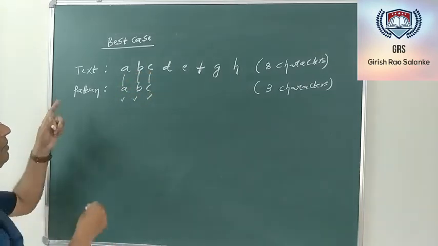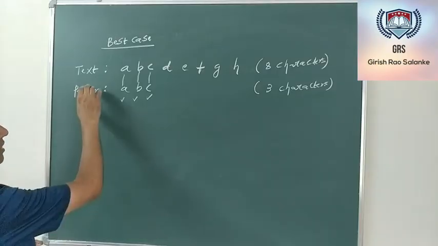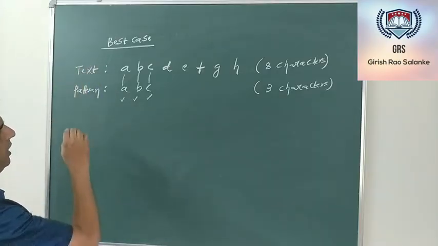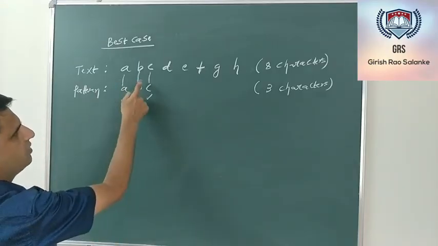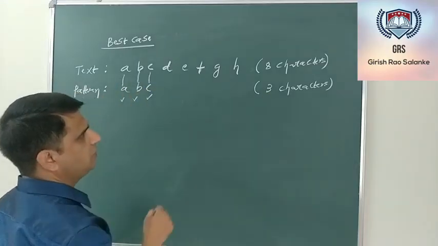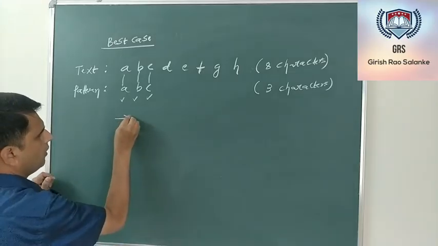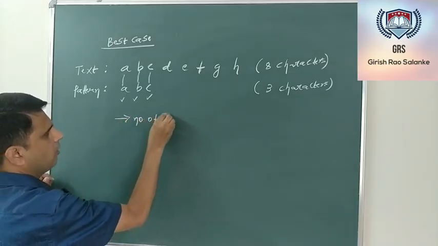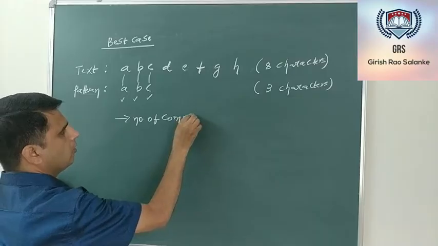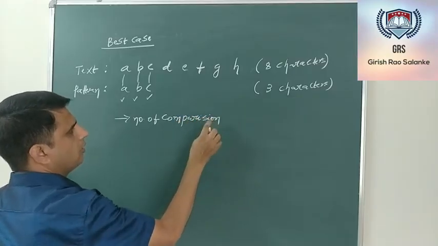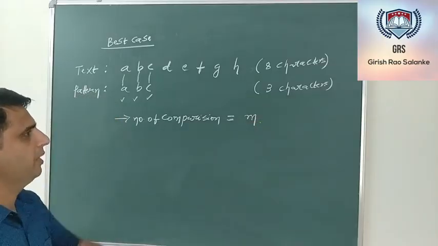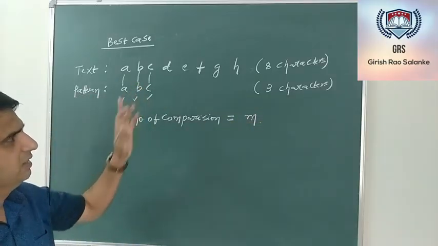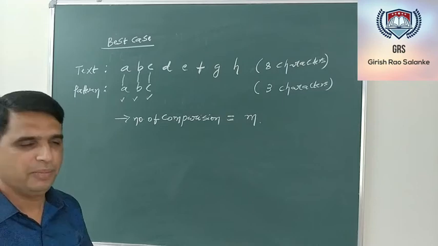So this would be the best case. Best case means the pattern is there in the beginning of the text. How many comparisons have I done? 3, which is nothing but the size of the pattern. So in the best case of the naive string matching algorithm, the number of comparisons is m. In this case I have done just 3 comparisons.